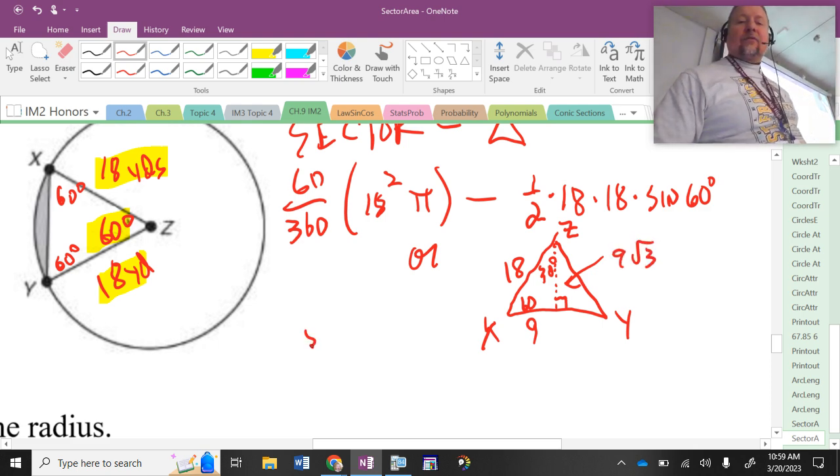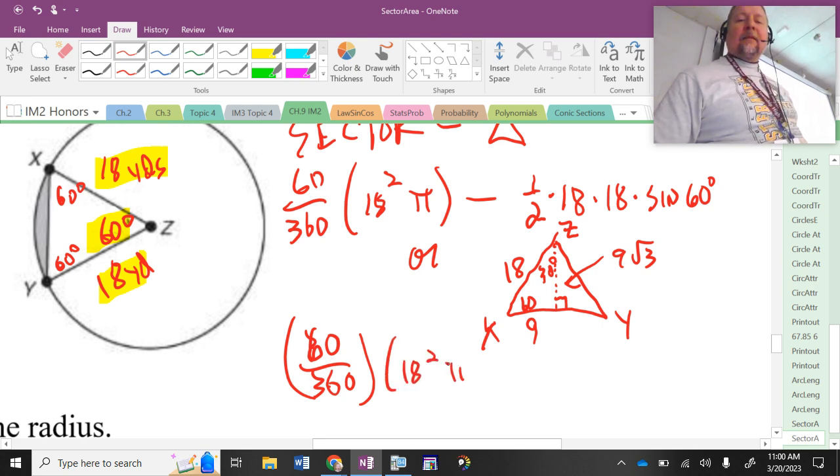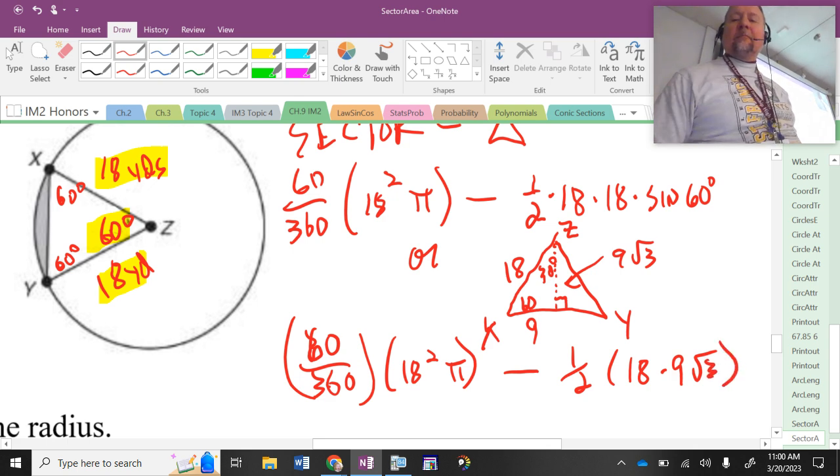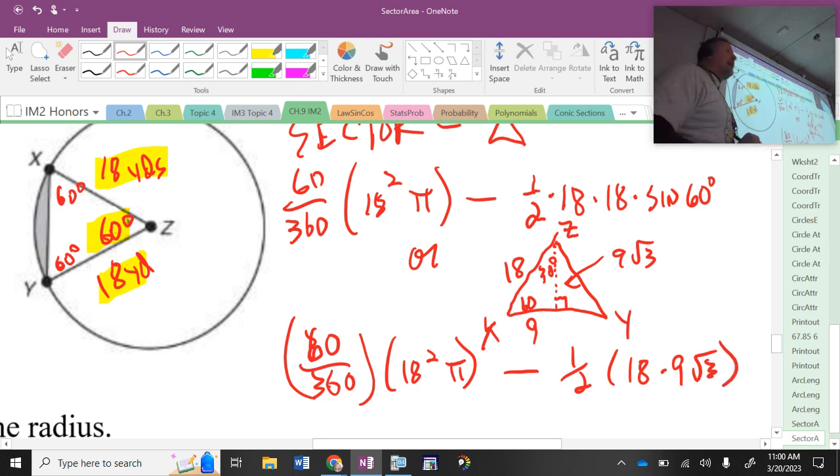So it could be 60/360ths of 18 squared pi minus half base, which is 18, times height, which is 9 root 3. True that. All right. And that's exactly what happened.